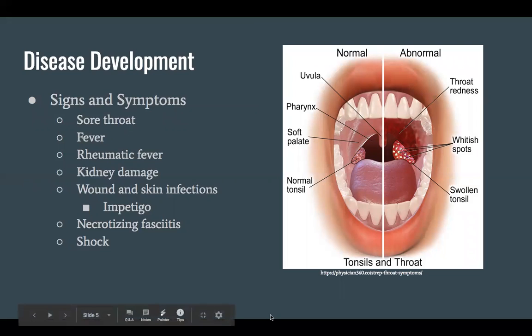An individual can also have shock, which is characterized by low blood pressure, a rapid, shallow breathing, cold and clammy skin, a rapid but weak pulse, dizziness, fainting, and overall general weakness. And in the photo here on the right, you can see the normal human mouth compared with the abnormal human mouth, in which there's whitish spots like on your tonsils, and your throat is red, and the tonsils swell as compared to the normal tonsil.